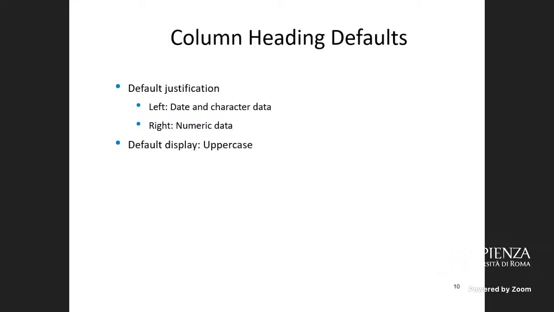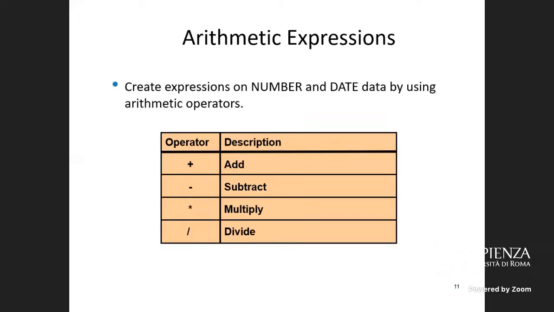You'll find out that date and character data are justified to the left, and numeric data are justified to the right, just like your normal justification in Windows or Word. The default display would be in uppercase most times, but depending on the engine you are using, it can be in lowercase. That will also depend on how the database was created. But that's just default justification.